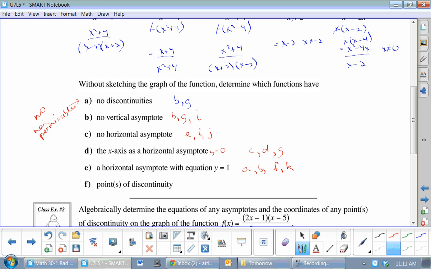Okay, and which ones have points of discontinuity? What were you looking for to know if it did have points of discontinuity? Brianna? Yep. D, I, and you're missing one.